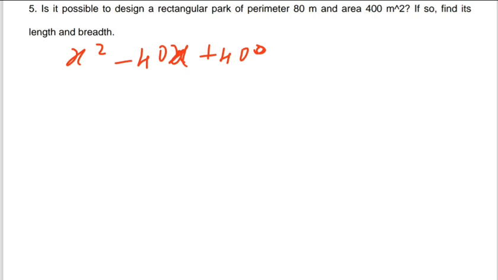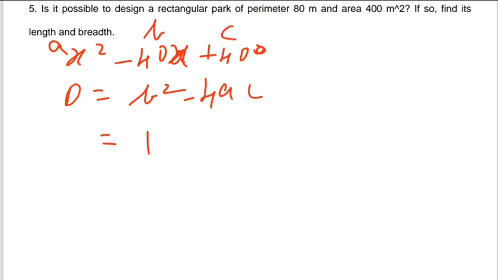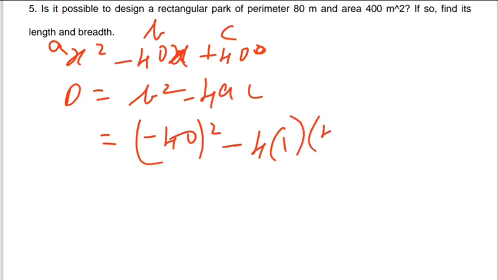As per our rules, we should find the discriminant. Discriminant is equal to b square minus 4ac. Here a is 1, b is minus 40 and c is 400. So discriminant is (minus 40) whole square minus 4 into 1 into 400.